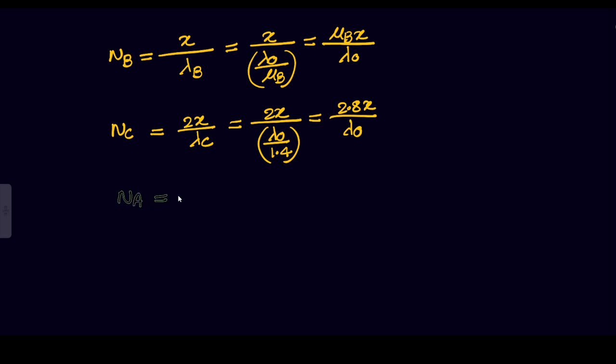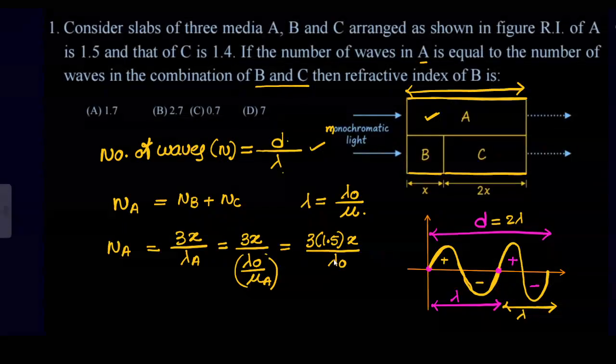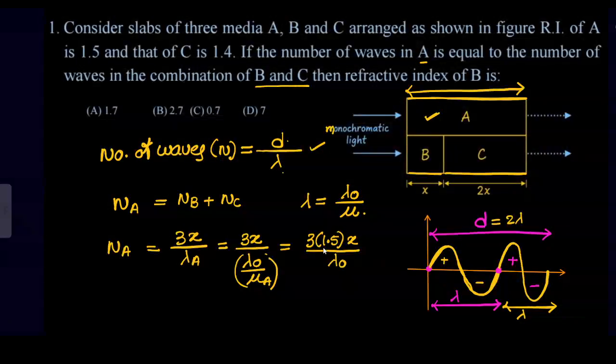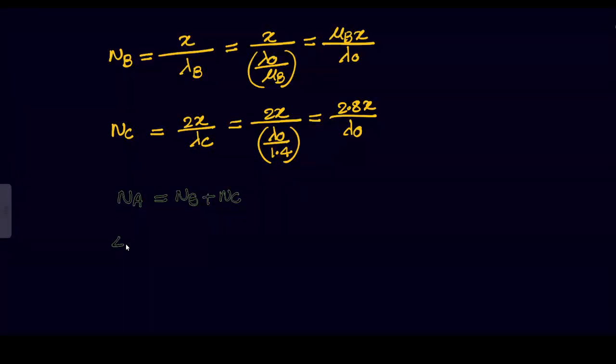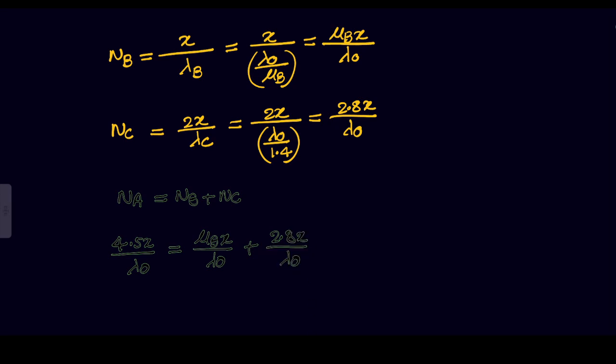NA equal to NB plus NC, they are saying. Now, NA value we got as 3 into 1.5, which will come to 4.5x by lambda naught, equal to NB, that is mu B x by lambda naught, plus 2.8x by lambda naught.